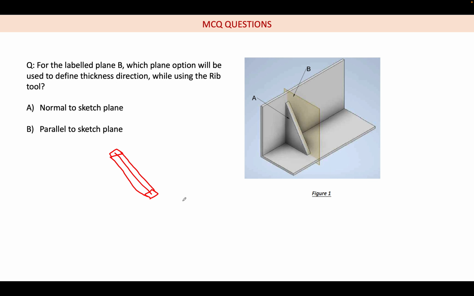But when you go parallel to sketch plane, you are going to get the full object like this. I will explain later in the software so you can see. So the answer is actually B. I will later tell how this occurs. Okay, so next question.